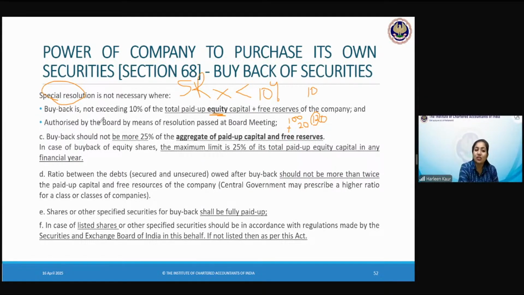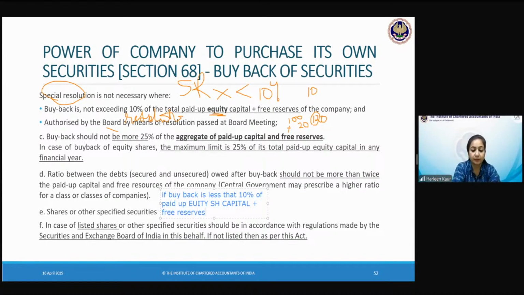Then what will be required in such a case? Board resolution will be required. If you are doing a buyback of less than 10% of the paid up equity and free reserves, then board resolution is required. Please write down these notes with me. If buyback is less than 10% of paid up equity share capital plus free reserves, then no SR needed.